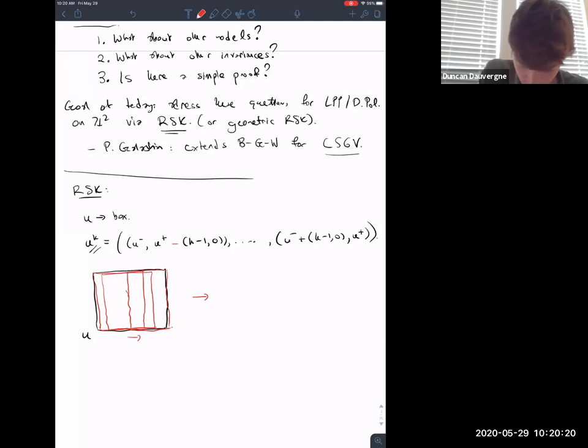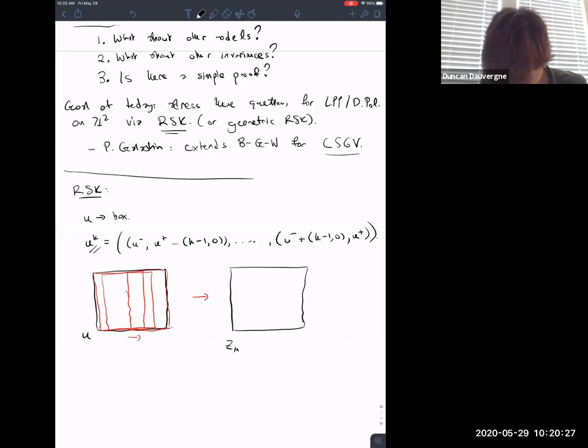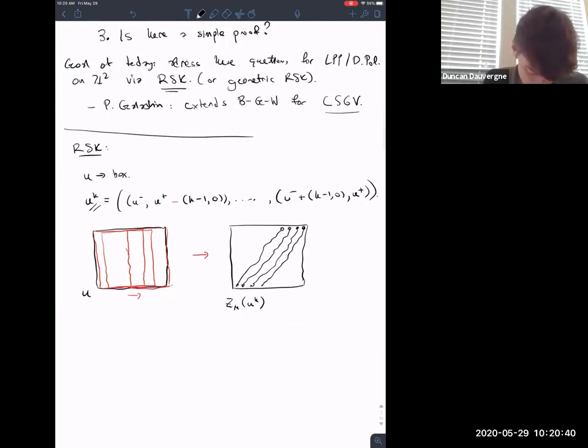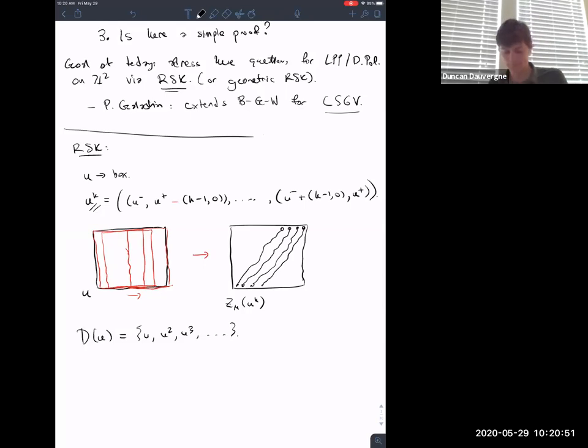So in particular, multipath last passage looks like this for U^K. If I look at Zm of U^K, I'm going to be optimizing over paths that look like this. And I'll let D of U be the set U, U^2, U^3, and so on.